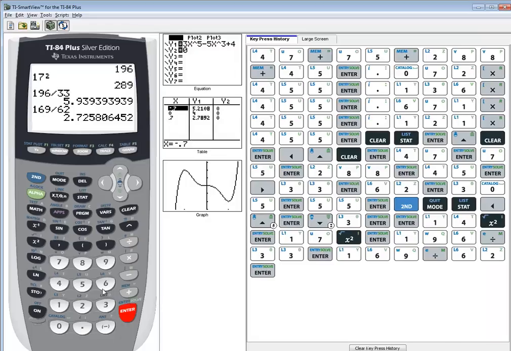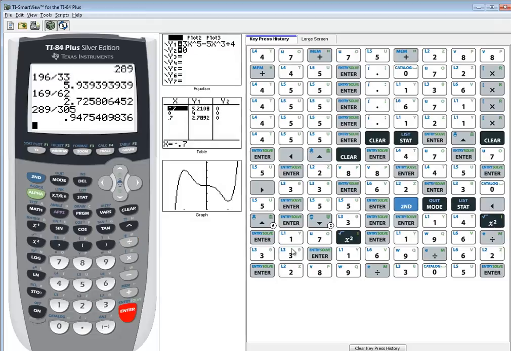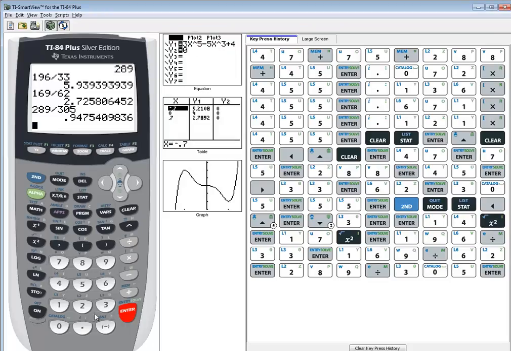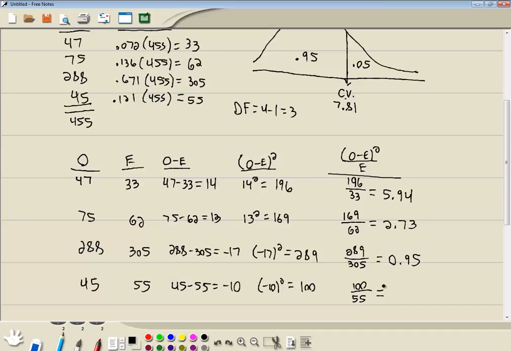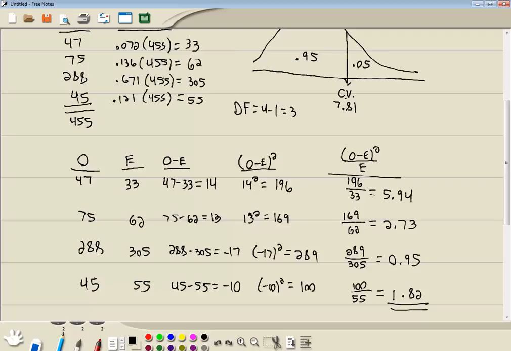And 289 divided by 305. That gives us 0.95. And then 100 divided by 55 gives us 1.82. But we want to sum those up, because that's what this notation means. The sigma in front of it says we need to add those together, and that's going to give us our test statistic.